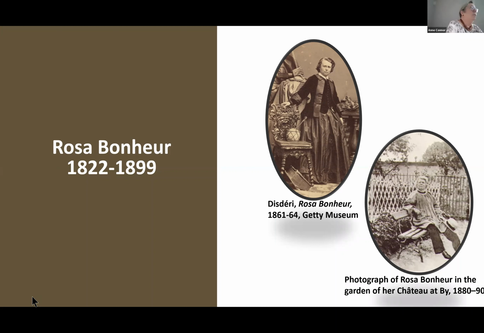And then in men's attire in the bottom picture, which was forbidden in France at the time for a woman. She was openly gay, very openly gay, lived with her friend until her friend died, and then started a relationship with an American painter, Klumpke.